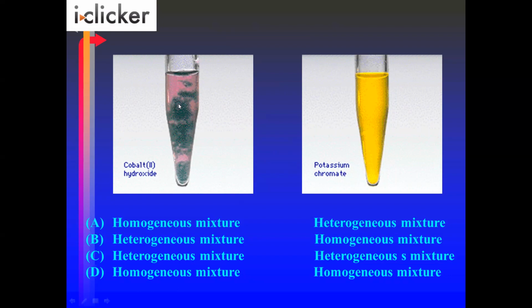So in this case, this mixture is heterogeneous. On the contrary, this one, the potassium chromate, if you look at everywhere, they are orange color. They are uniform. So this is a homogeneous mixture, according to the definition. So B is the correct answer.